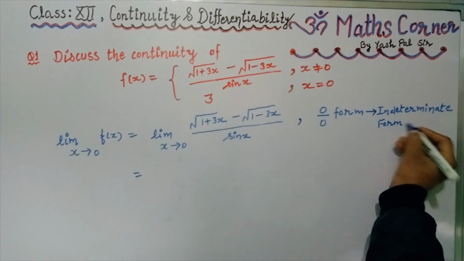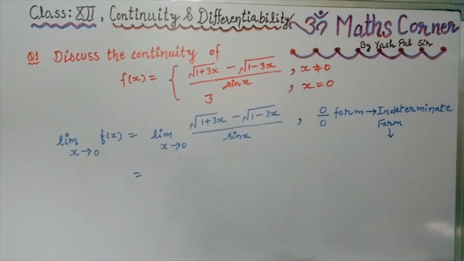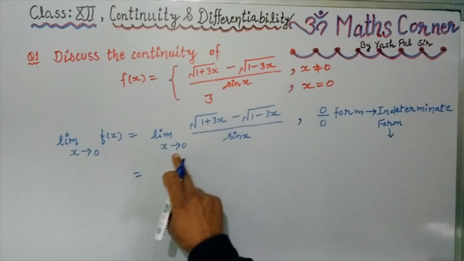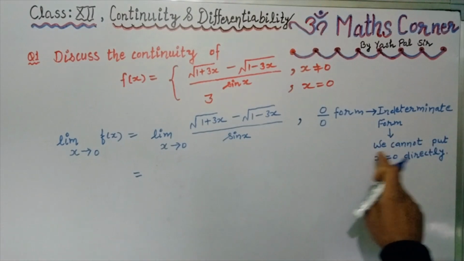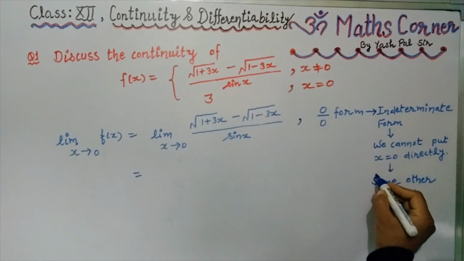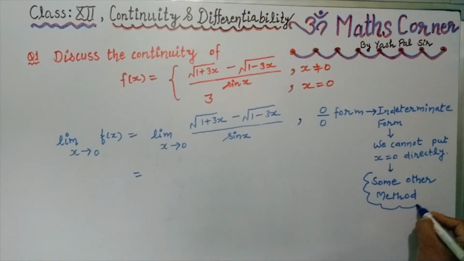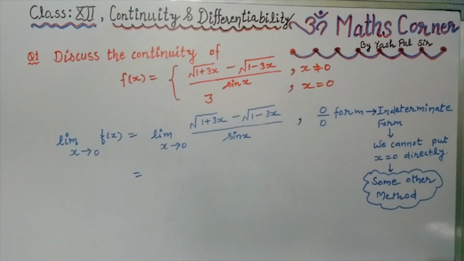What is the meaning of indeterminate form? It means we cannot put x equal to 0 directly. Some other method we have to think of, and here we are going to see which method we should introduce.